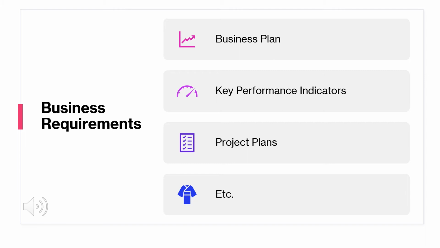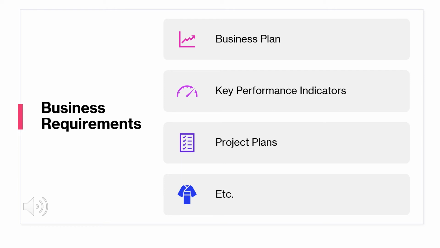Another subcategory of business requirements would be key performance indicators. Looking at a company and an industry and looking at key performance indicators like sales or revenues or lots of different parts of performance that a company might specifically understand is important to their bottom line and their success.